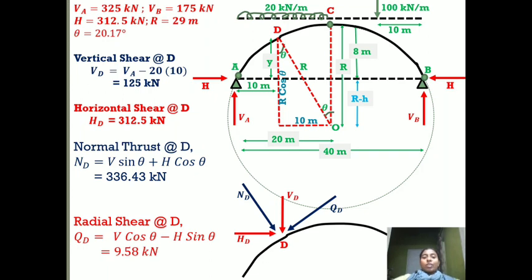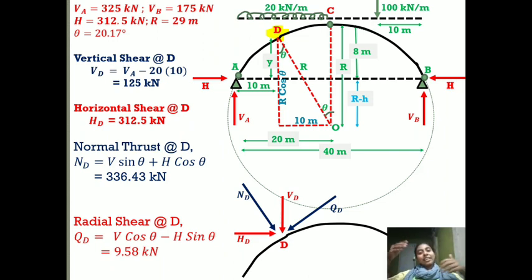Now we will find the vertical shear at D. So this is our section at D. Since this section is lying in the left half of the arch, we will take left of D. I repeat, D is lying in AC, that is in the left half of the arch. So we will consider the left of D.